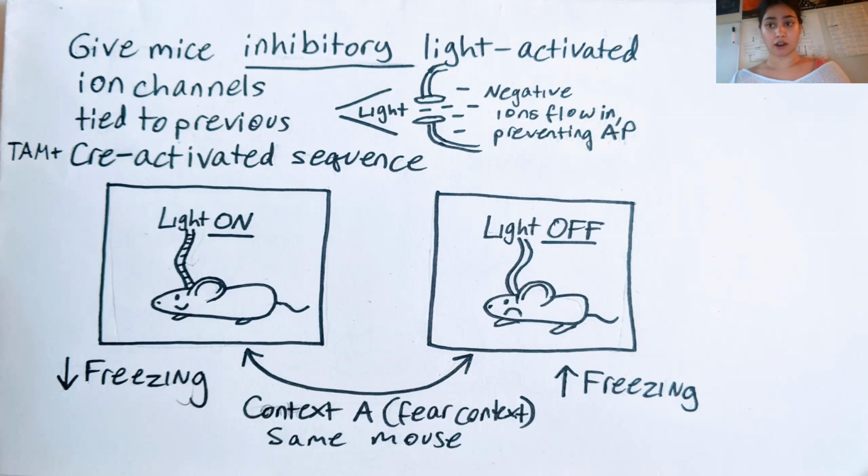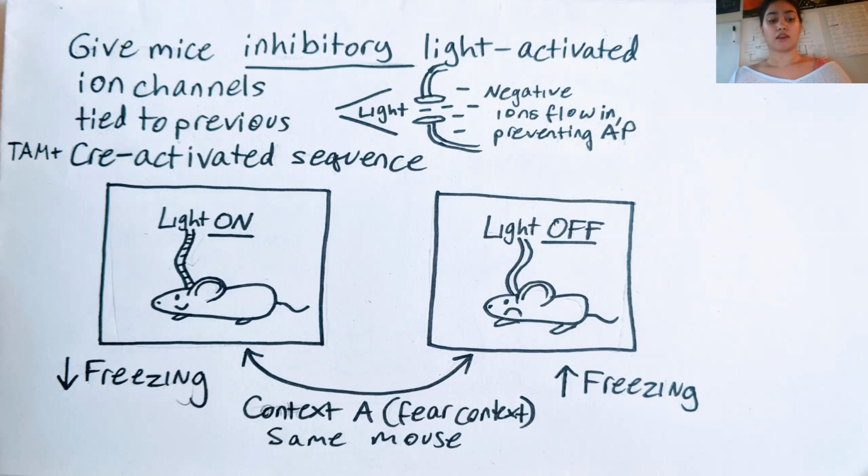So with the light on, there's inhibition of the fear memory cells. And compared to minute 4, which is light off, during the light off, there's no inhibition of the fear memory cells.